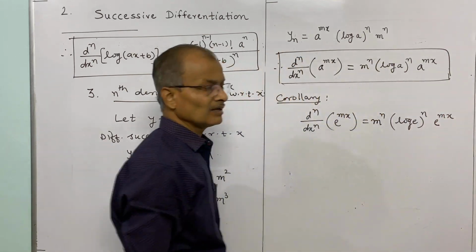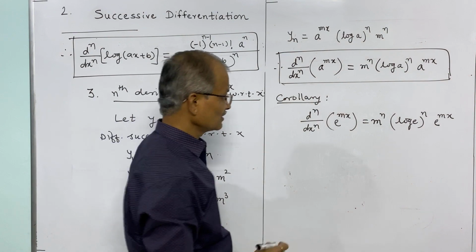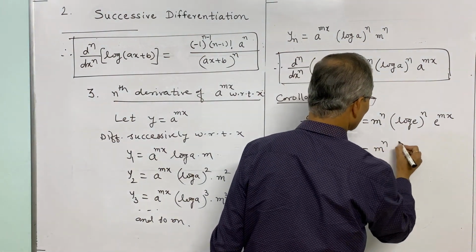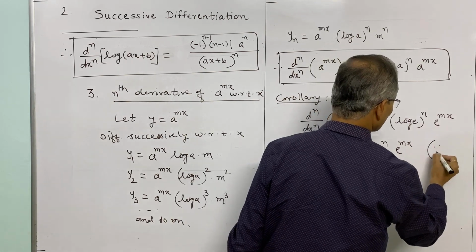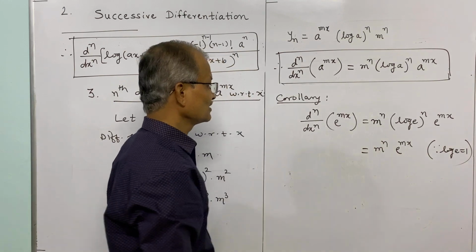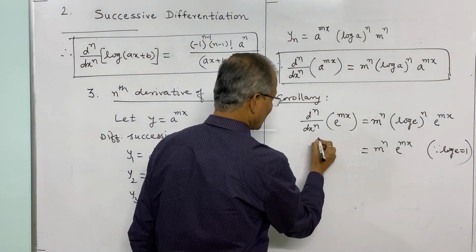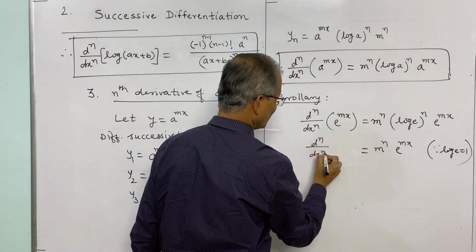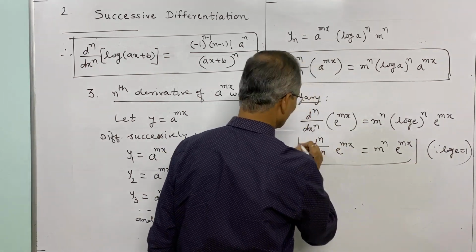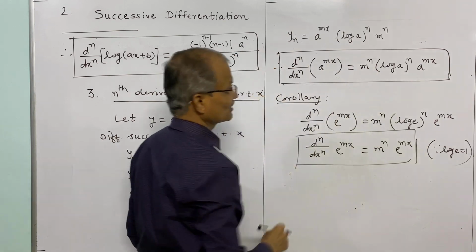But we know log e is 1, and thus this is equal to m to the power n e to the power mx, since log e is 1. So thus this is the formula for the nth derivative of e to the power mx. It is easy to write or derive from this main result.